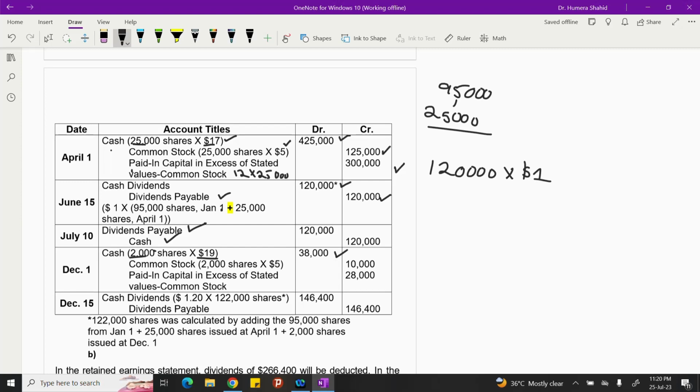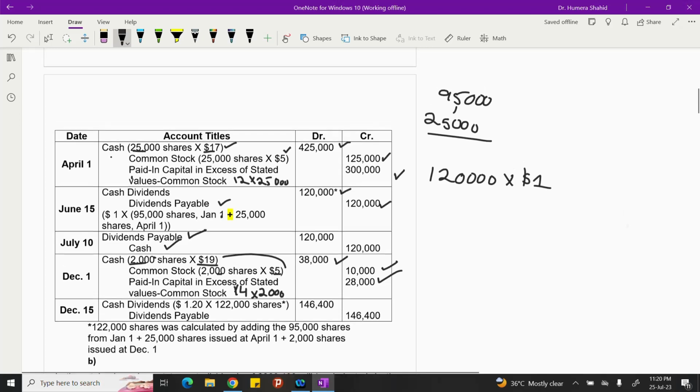Common stock gets credit with the stated value, 2,000 shares multiplied by 5, that is 10,000. You are charging $14 extra for each share, and shares are 2,000, so 28,000 additional paid in capital, which is paid in capital in excess of stated value, common stock.